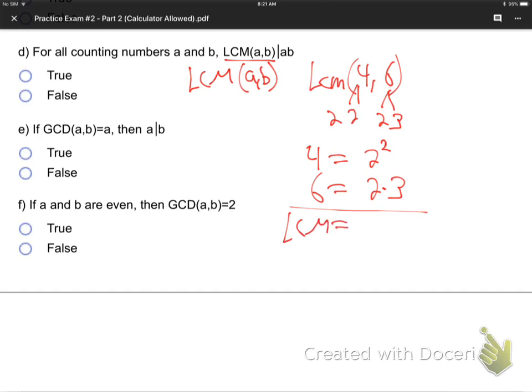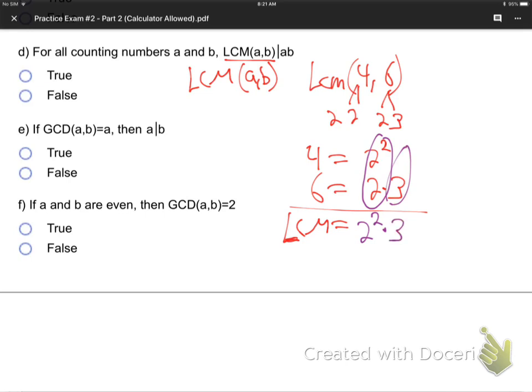And remember how we do LCM? It says lowest common multiple, but you actually do the opposite, right? Remember that from the last section of the course? You take the highest power here, which would be 2 squared, and the highest in the next column. See how I lined up the primes, the 2s, the 3s?